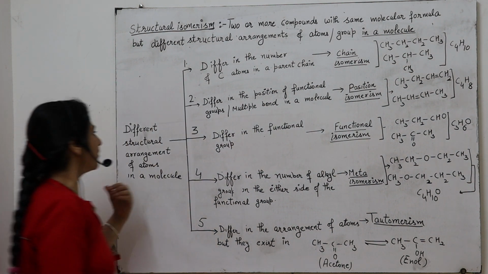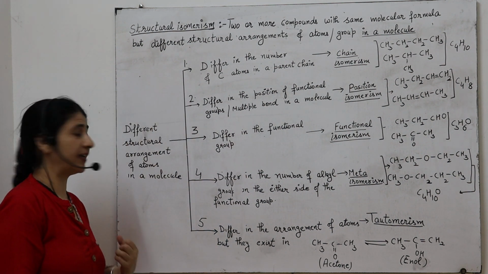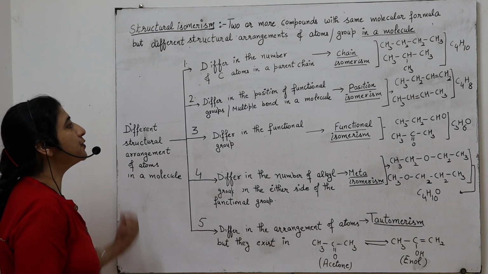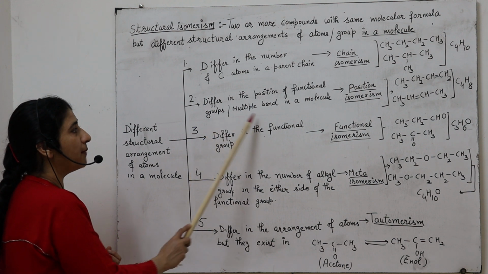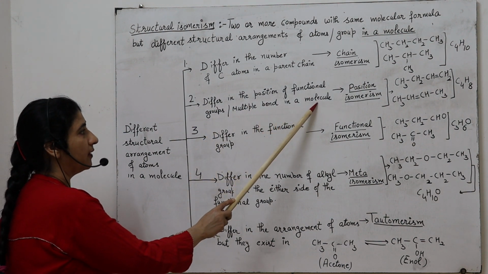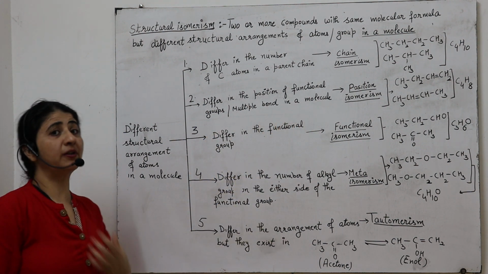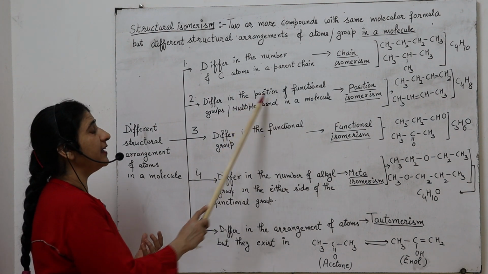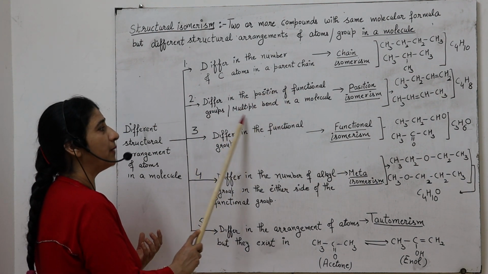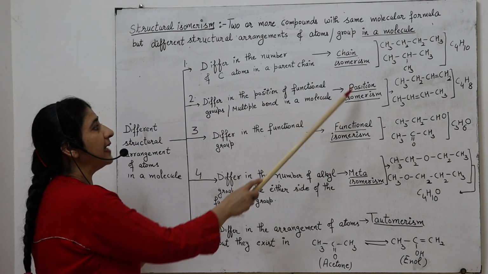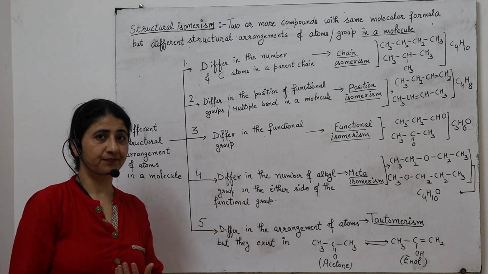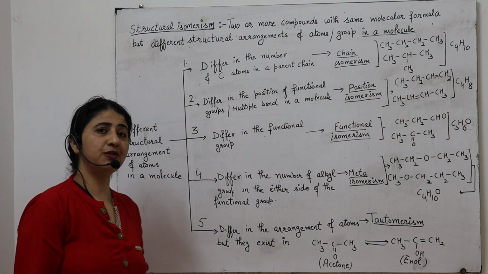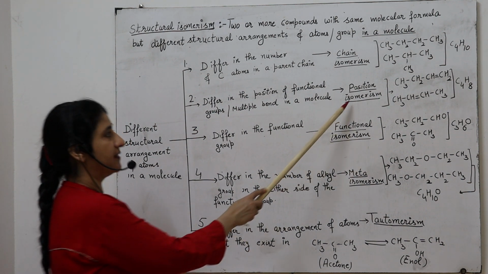The different structural arrangement of atoms or groups of atoms in a molecule can also be due to a difference in the position of a functional group or multiple bond in a molecule. When two or more compounds are different due to a difference in the position of a functional group or multiple bond in a molecule, these compounds are known as position isomers, and this phenomenon is known as position isomerism.